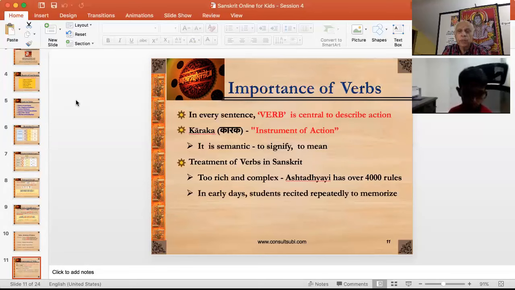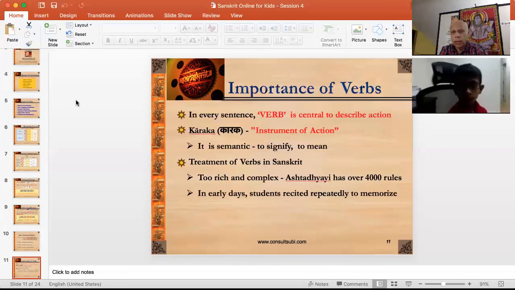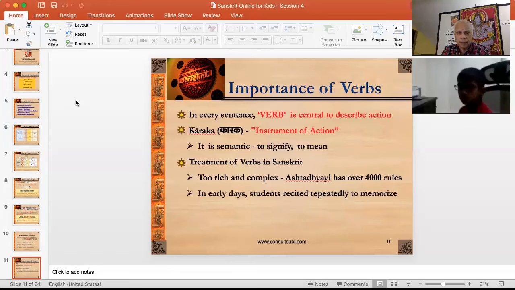It means to signify, to mean. And Karaka becomes very important because that only explains what action is being done. Like I walk, I go, I read, I run, I eat. Everywhere, the verb only denotes what you do or what somebody else does.